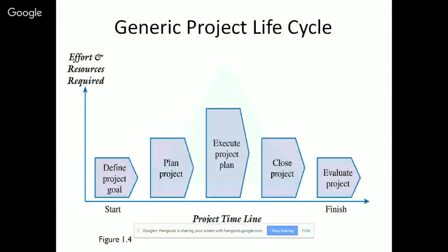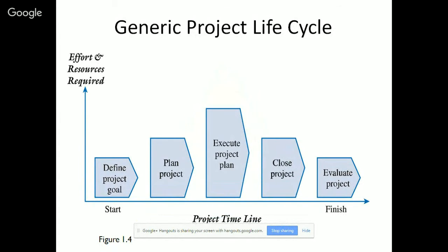Now, if you talk about the generic project life cycle, you might have already gone through this entire project life cycle, which talks about defining the project goal, planning the project, executing the project plan, closing the project, and evaluating.